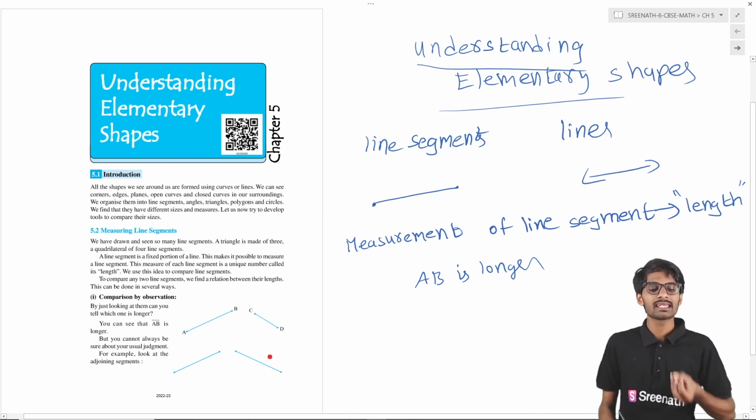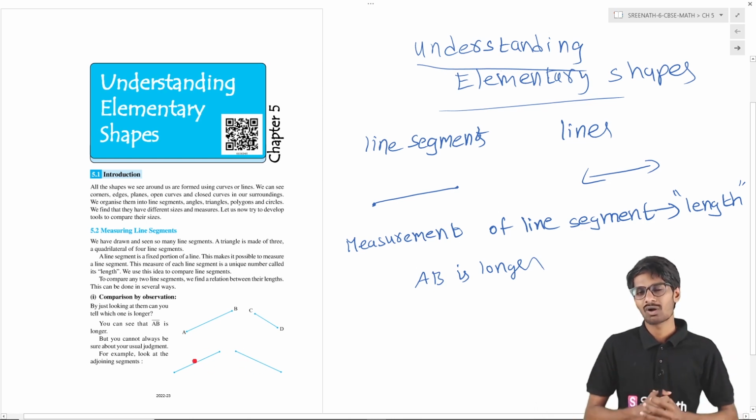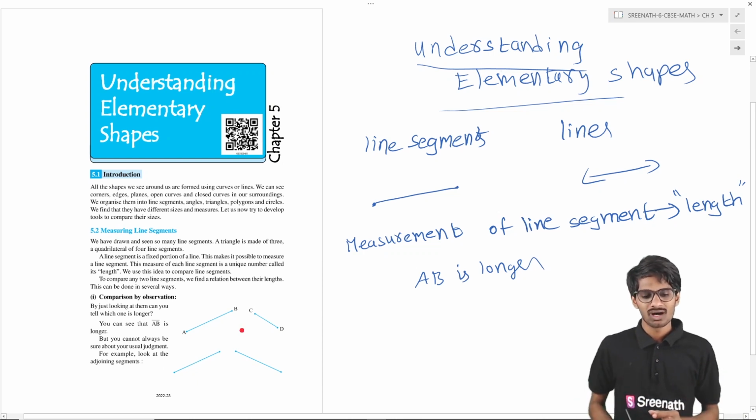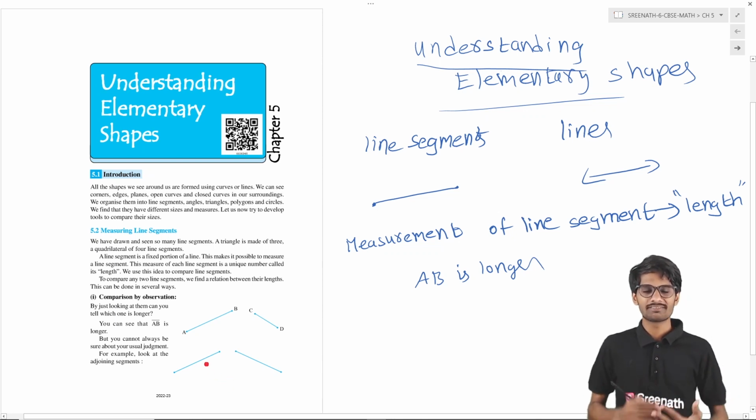Now I will ask you a question again. Just observe these two lines. Among these two lines, which one is longer? Now it takes some time to tell your answer, to judge. Why? Because they have approximately the same length. Whenever they have approximately the same length, it becomes difficult to differentiate or compare.